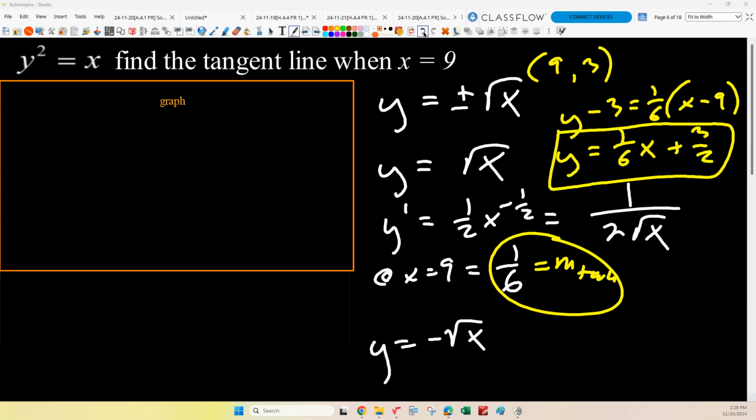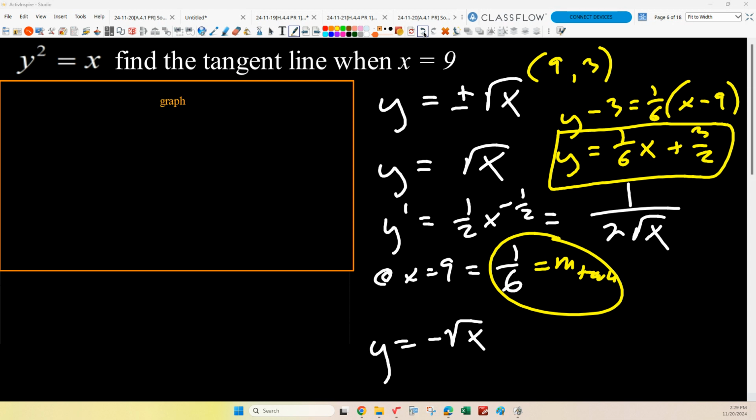If I distribute the 1/6 and then add 3 to both sides, everybody buy that? Yeah, what did you say? If I just put this into slope-intercept form, if I distribute the 1/6 and then add the 3, isn't that what I'd get? Right?